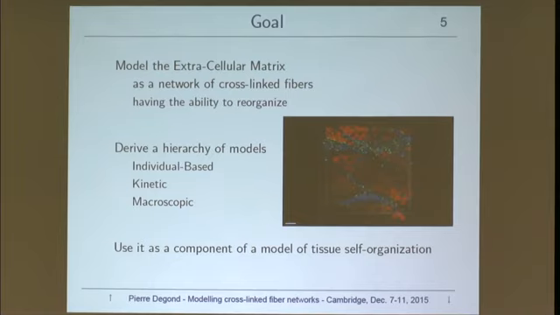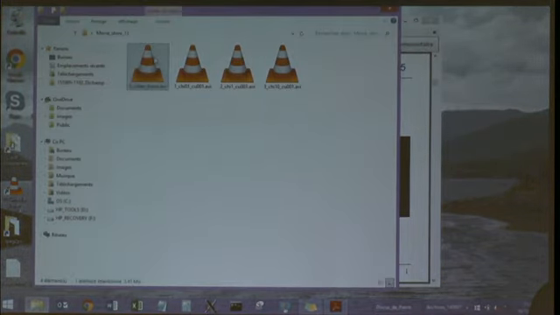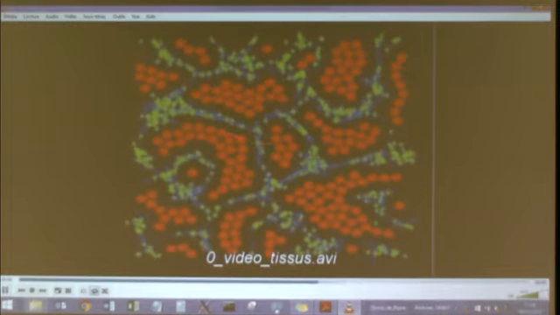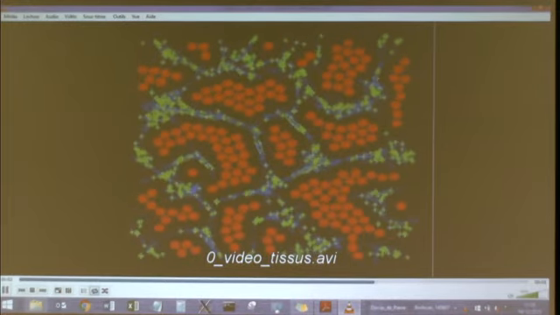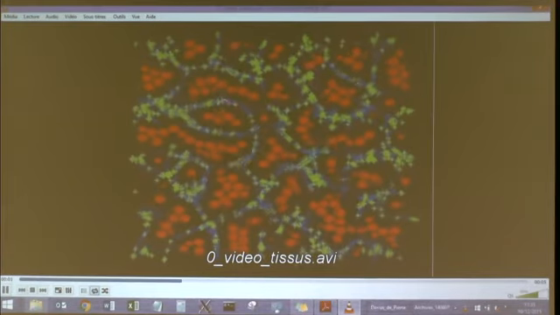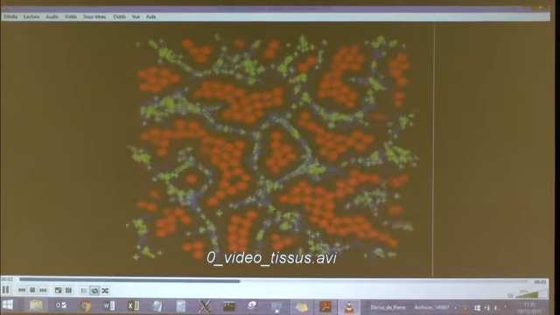We have produced this individual-based model I showed last time, so I'm just going to quickly show a video of what we've done. That's basically seeding new adipocytes in a random structure of fibers, and there is a repulsion potential between fibers and cells. The fibers are very small line segments, but they have the possibility to cross-link, and the green stars are the cross-links.